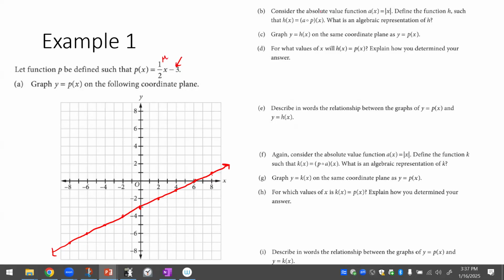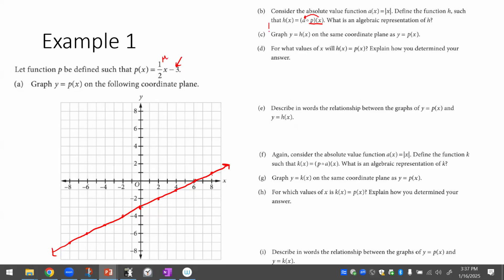In this part, it wants us to consider the absolute value function a of x equals absolute value of x. Define the function h such that h of x equals a composed of p of x. What is an algebraic representation of h? Remember, if it's written in this form, that means I'm taking p of x and plugging it into a, correct?